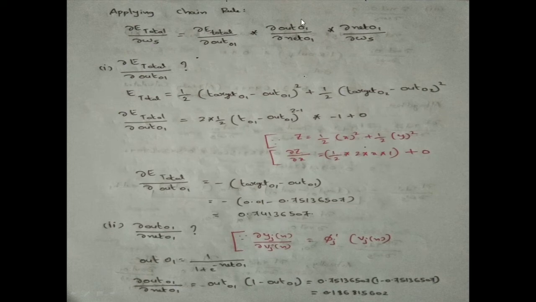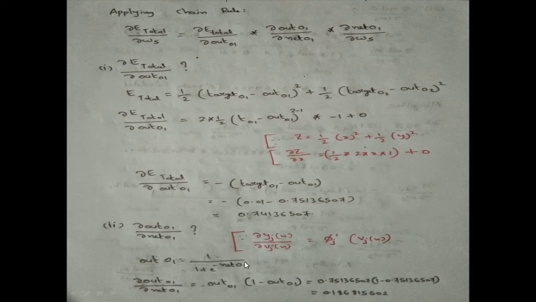So similarly we will be calculating the value of this second term, that is the change in the output value of the output neuron 1 by the change in the input value of the output neuron 1. So we already know that the output value of the output neuron 1 will be given by the activation function, which is the logistic function here, 1 by 1 plus e power minus the net input value of the output neuron 1.